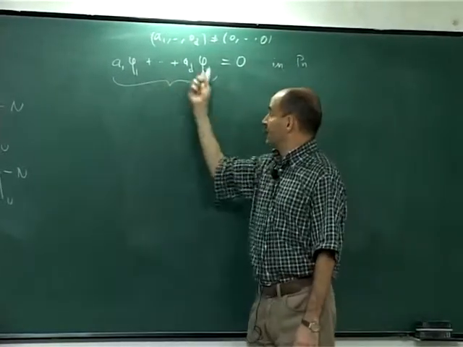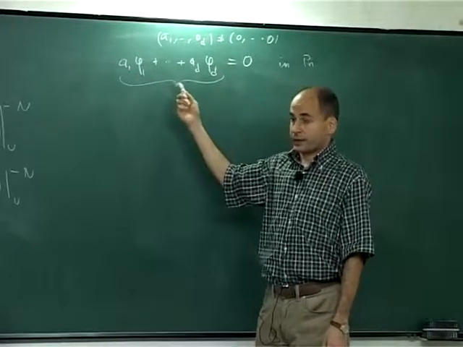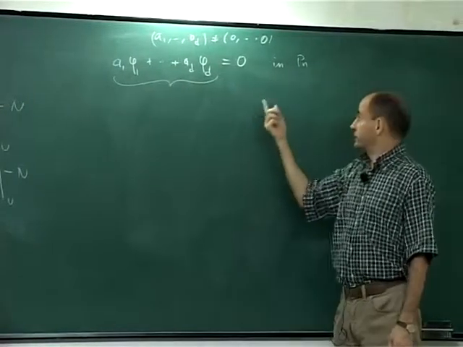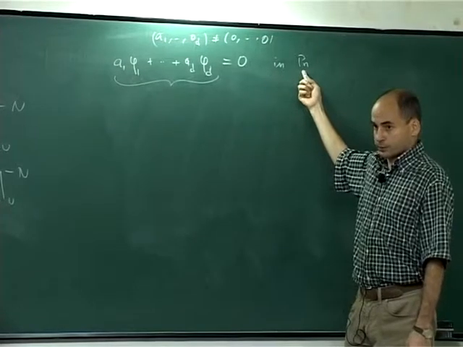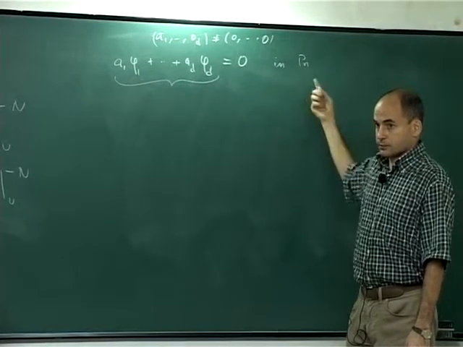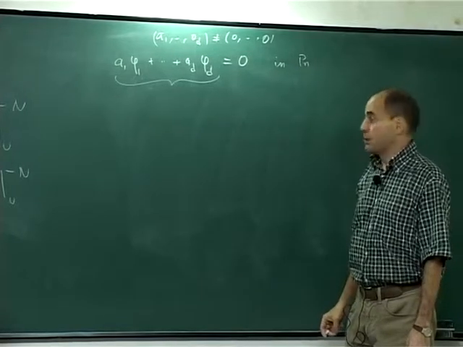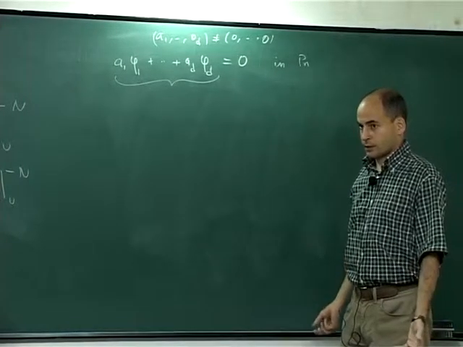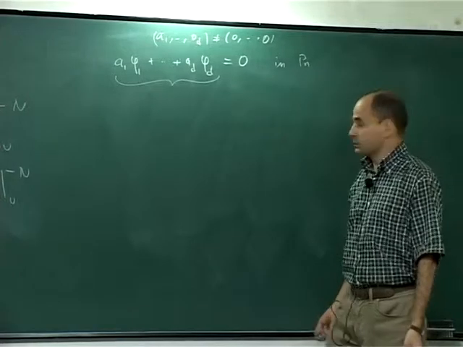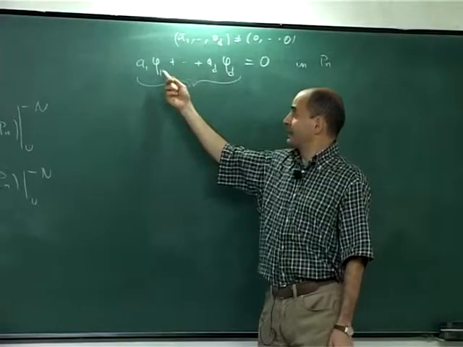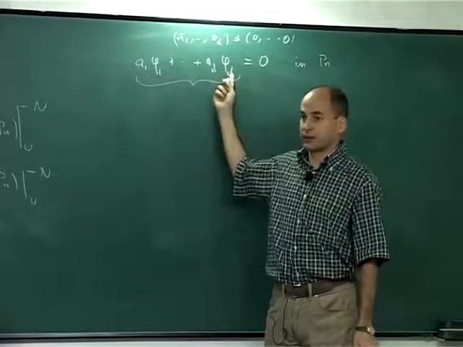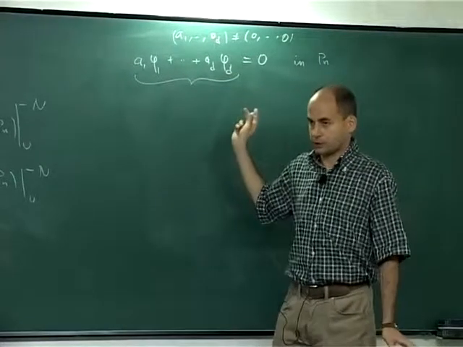But a non-zero function cannot have infinitely many 0s on a curve. So this cannot happen. At most one of these functions can be constant. Okay.